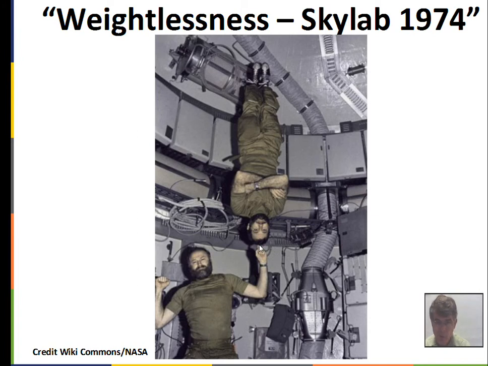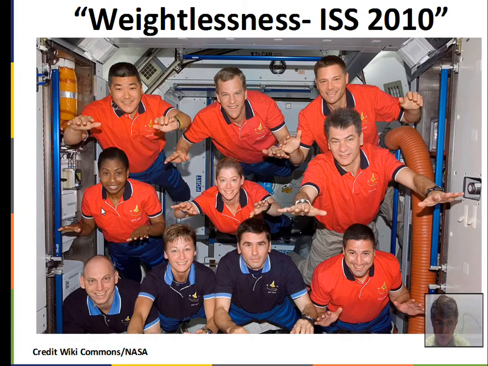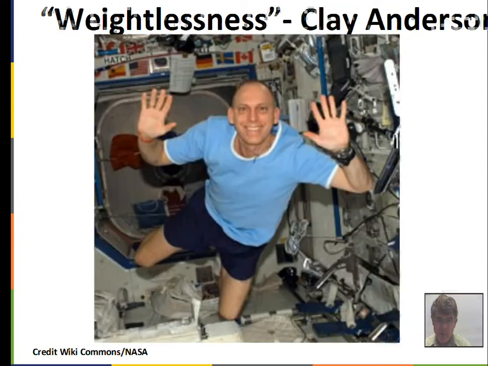Everything's in free fall, so things are apparently weightless in space. And these are not superheroes. They're well trained, but astronauts look like they're floating here, but everything's in free fall, so we don't need contact with the cabin, so apparently weightless.